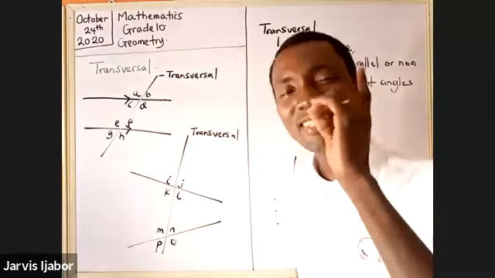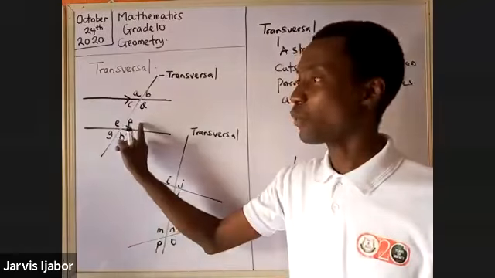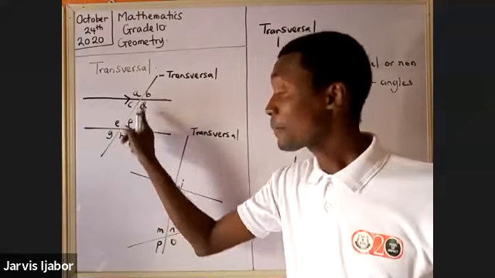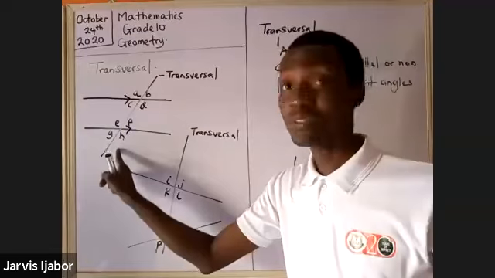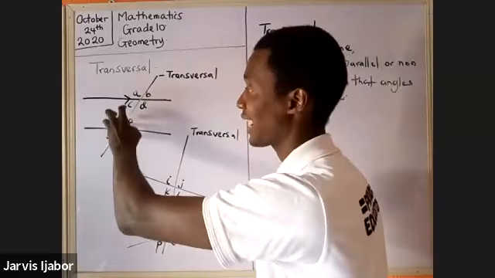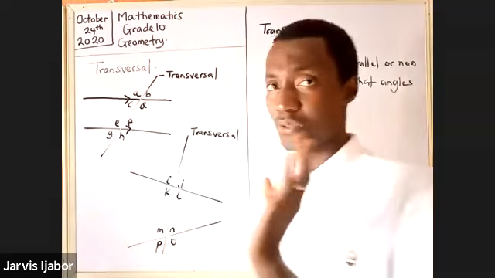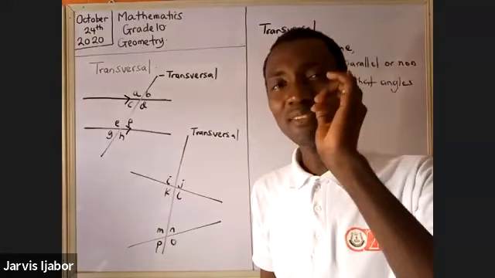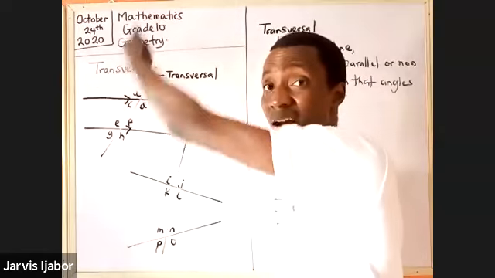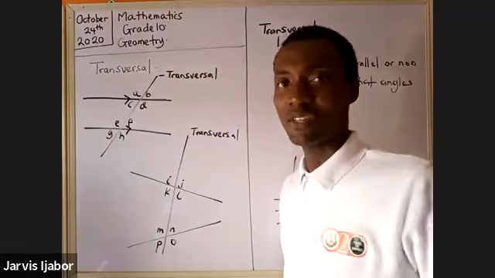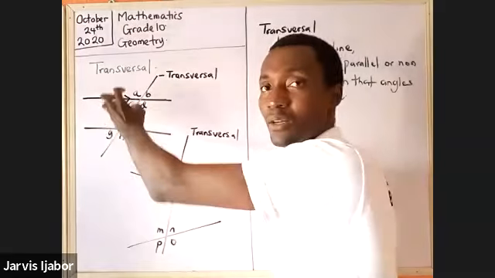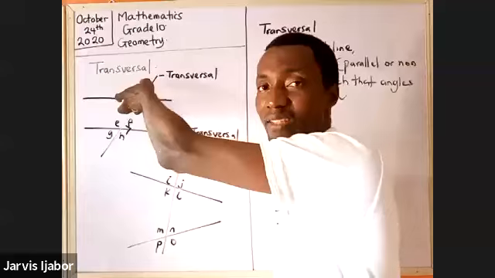The only way that is made possible is when the lines are parallel. When lines are parallel and the transversal cuts across, we can relate the angles from one set of lines to another.